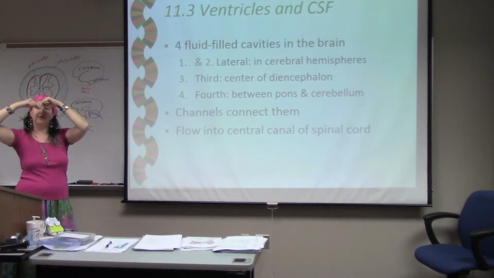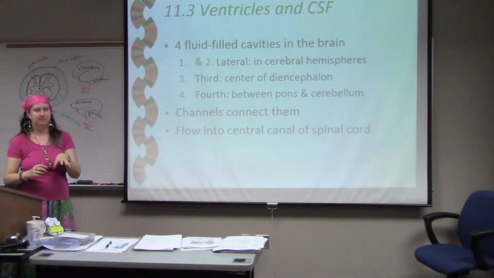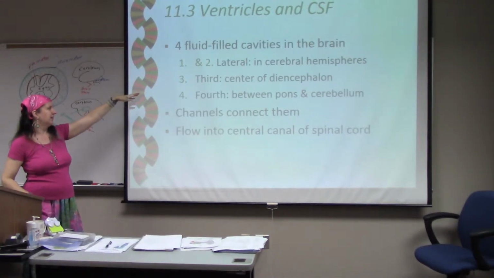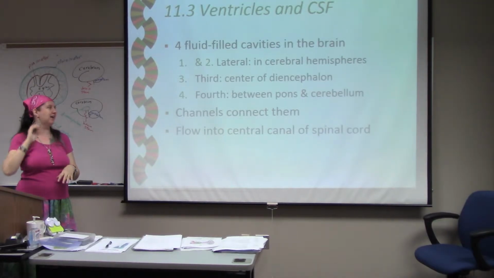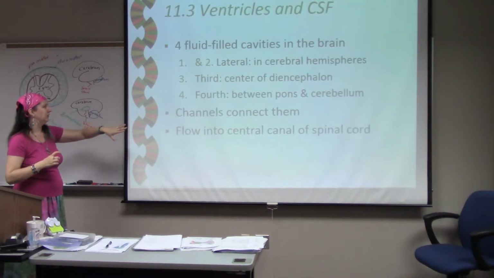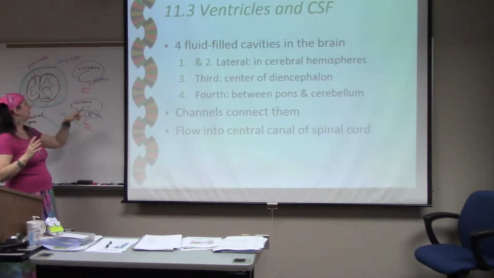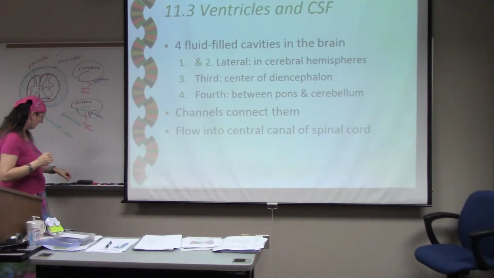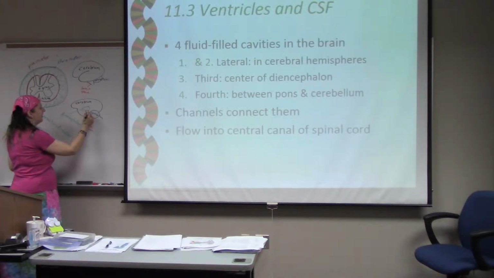Then they come together and there's a third ventricle in the middle of the diencephalon. A channel comes down from that to the fourth ventricle, which is between the pons, a part of the brainstem, and cerebellum. In fact, I included the fourth ventricle here. It's this little triangle.